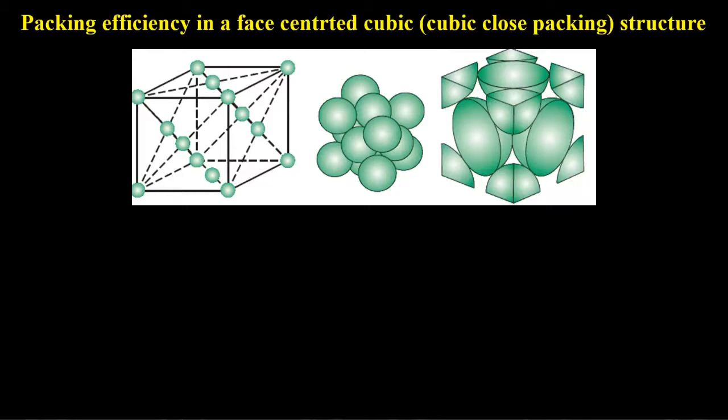In face-centered cubic, you still have the same 1/8 contribution at the corners, but on each face you have half a circle. Because half a circle is there, the corner atoms do not touch each other. It means the edge length is more than 2r.